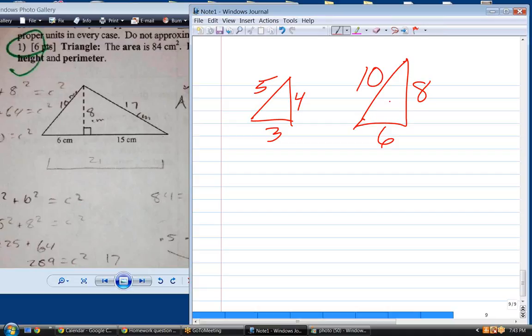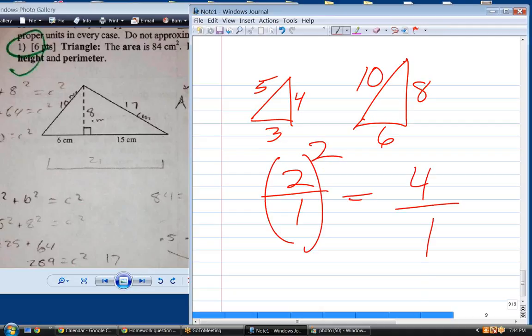The area of this triangle is actually 4 times that. Notice the area of this triangle is 24, and the area of this triangle is 6. When you go from linear to area, you square that ratio. The ratio that started out as a linear ratio of 2 to 1, when we want the area ratio, we square it, and we get 4 to 1. An important concept. You may not have learned this yet, but it's coming.